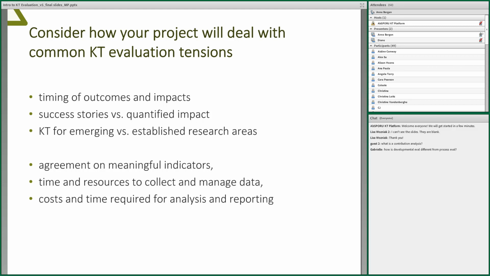So getting everyone on the same page and getting common expectations about what's possible in terms of measuring outcomes and impacts is really important. If you want to see those longer term downstream impacts, you need to know that it's going to take more time and also a larger KT intervention. If you have some tiny project and you're trying to see a giant impact later on down the line, it's probably not going to be possible.